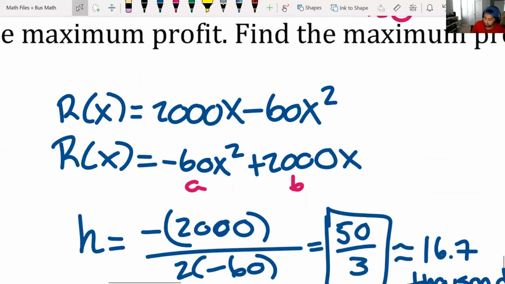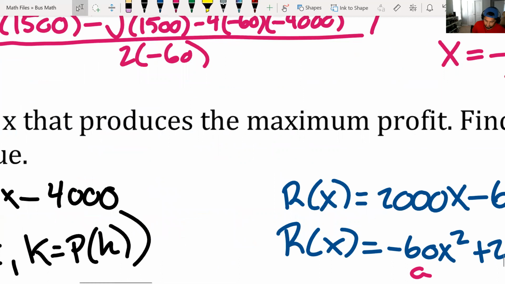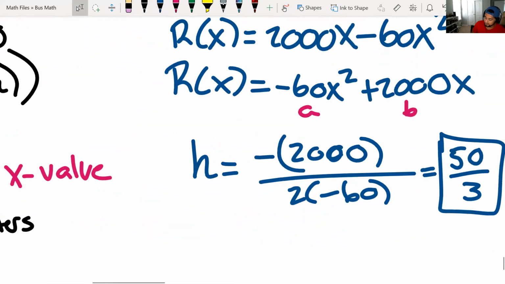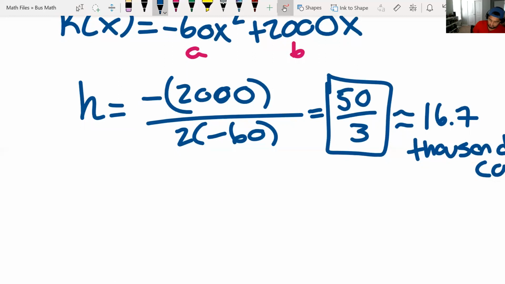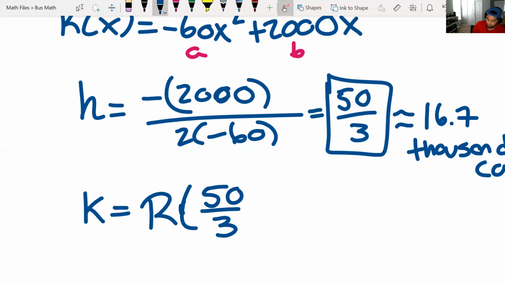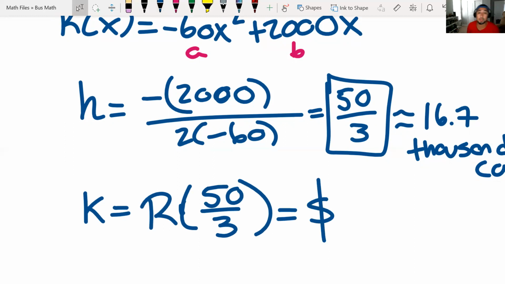And what are my instructions on this? Find maximum profit. Nope, didn't say to round anything. So here I get K, which is going to be R of 50 over 3. Again, I'm going to save some time here.